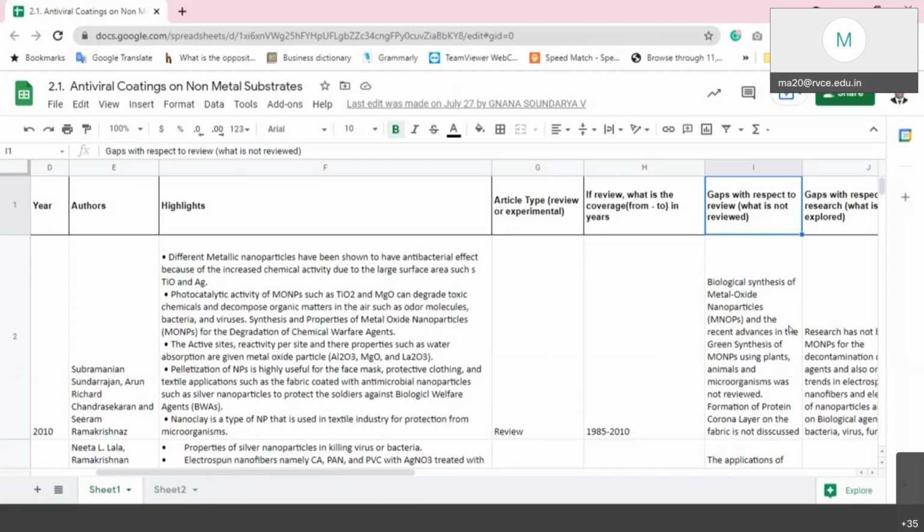Many people have published research papers, and many people have reviewed these research papers. However, in spite of that, there is no information on specific applications. That is what we are going to concentrate on, and that is what you are going to list here under gaps with respect to review. Right? Okay. Any questions at this point?